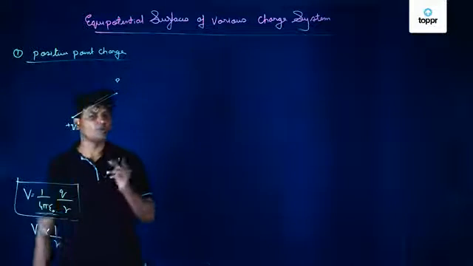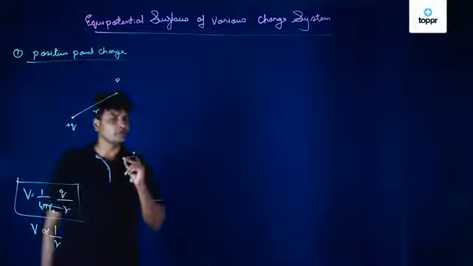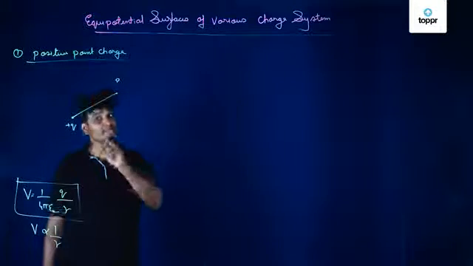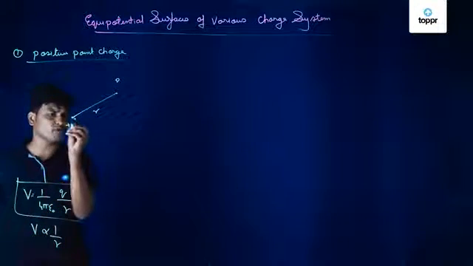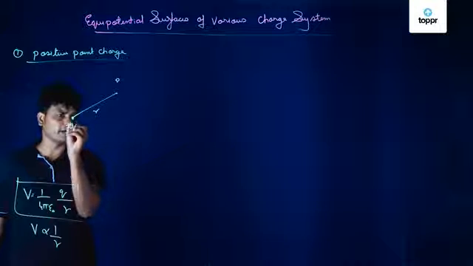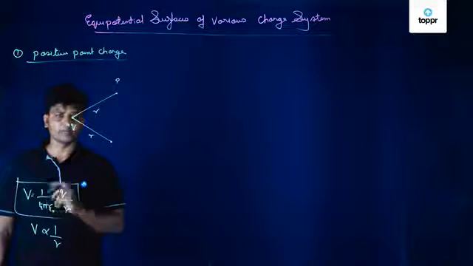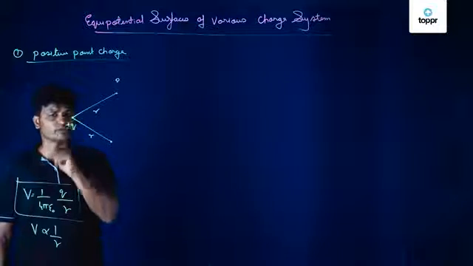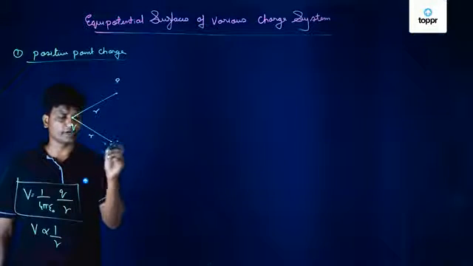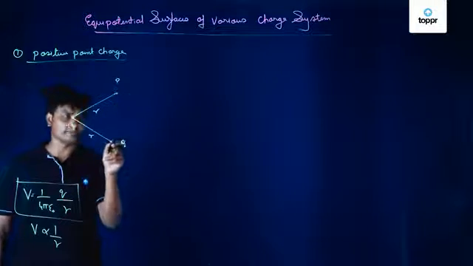But what if I am finding the potential at every point which is located at the same distance from the plus Q charge? If I find the potential at a different point, which is also located at the same distance r from the positive charge, will the potential at point Q and at point P be the same?